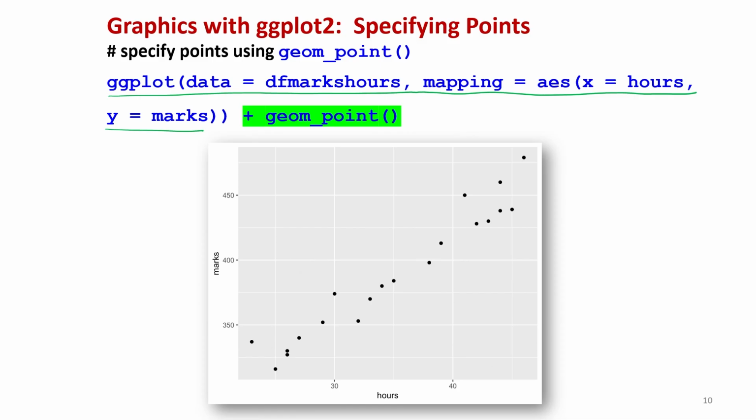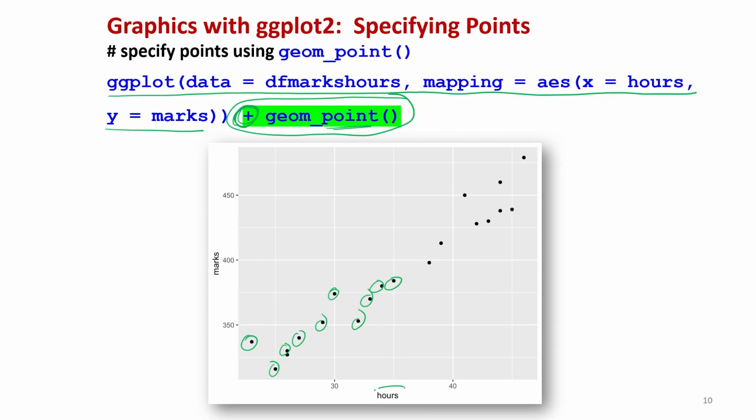Now I am adding plus geom_point. So you can see I am adding a command using the plus sign, and in the function geom underscore I am adding point. This will now add points to my graphic. So you can see all these points have been placed here.